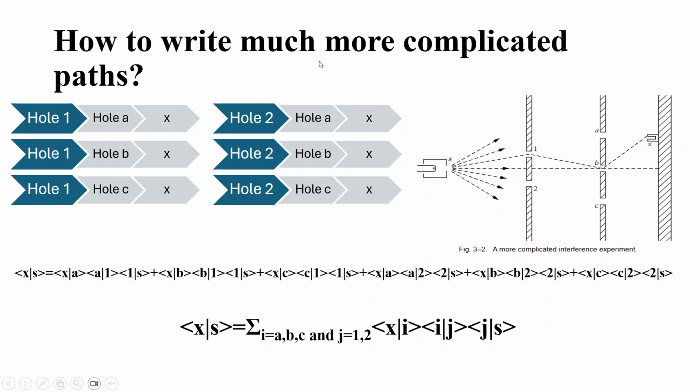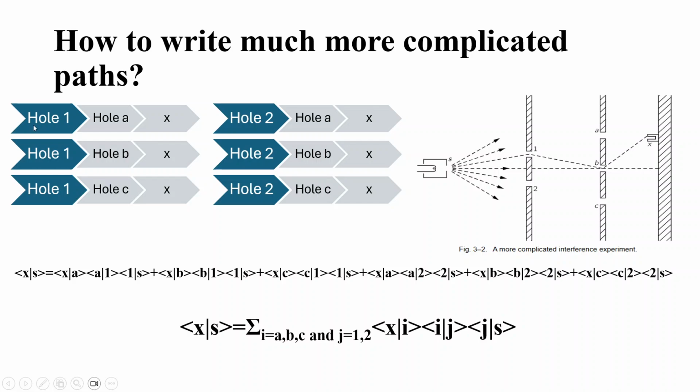So how to write much more complicated paths? Let's say now I have inserted another wall with three holes. Here we have two holes, then we have three holes A, B, C. So how many possibilities can there be?